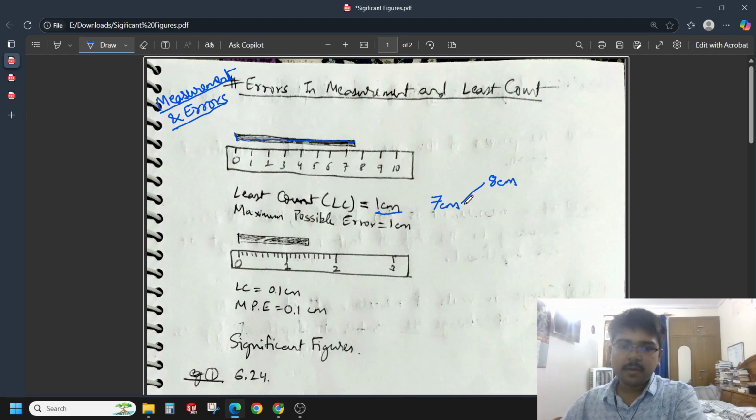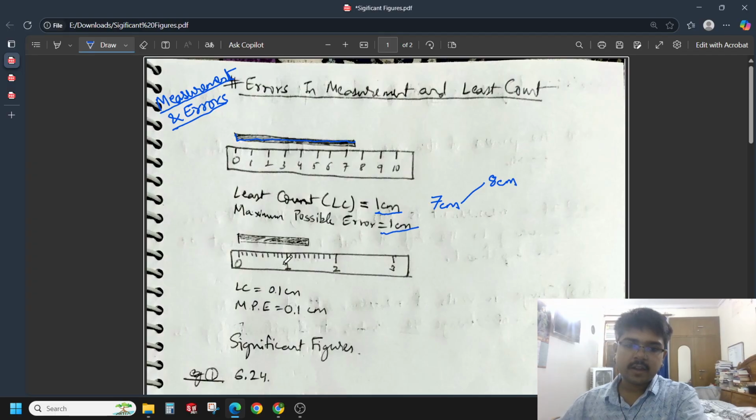So the maximum possible error that we can have in this object is 1 centimeter.